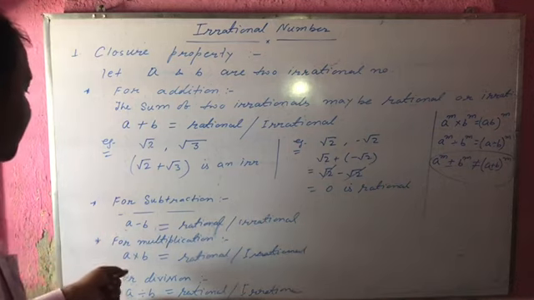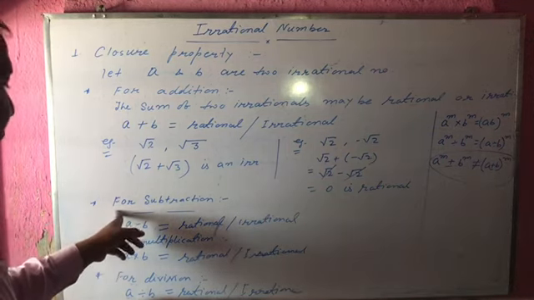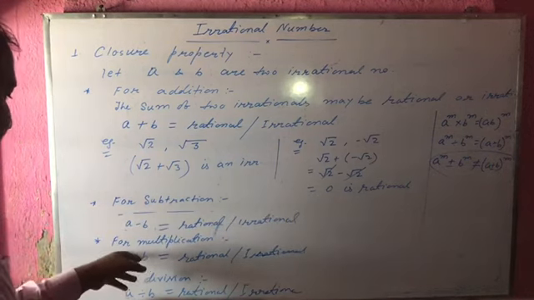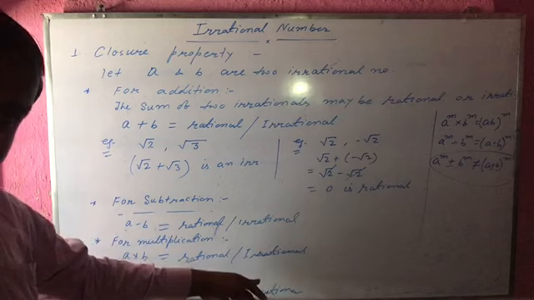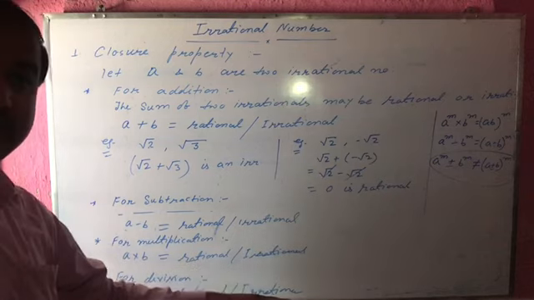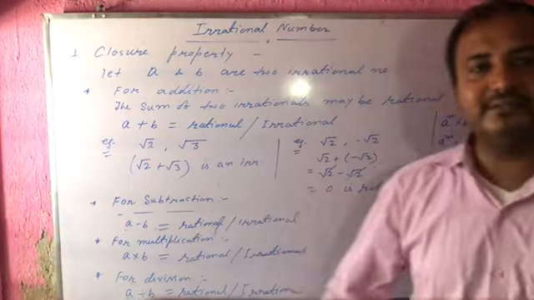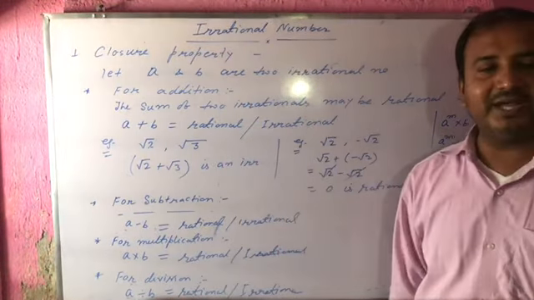Means here for subtraction you will write the difference of two irrational may be rational or irrational, the product of two irrational, the division of two irrational. Means finally you have understood what you have understood.